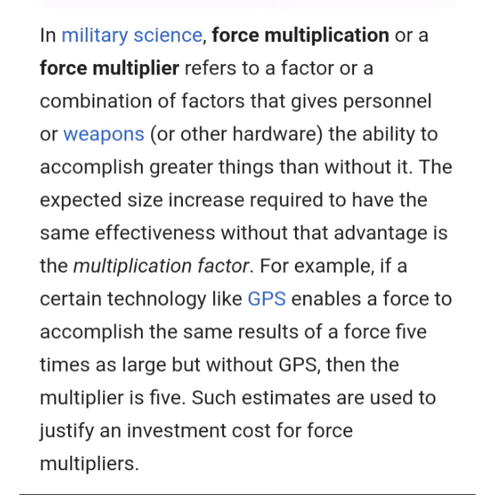For example, if a certain technology like GPS enables a force to accomplish the same results of a force 5 times as large, but without GPS, then the multiplier is 5. Such estimates are used to justify an investment cost for force multipliers.